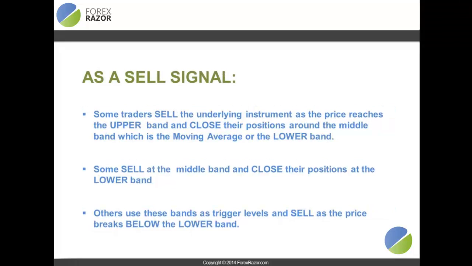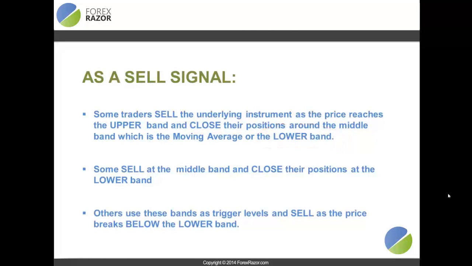As a sell signal, some traders use the Bollinger Bands to sell the underlying financial instrument as its price reaches the upper Bollinger Band and then close their trade positions around the middle band, which is the chosen moving average, or even at the lower Bollinger Band level.